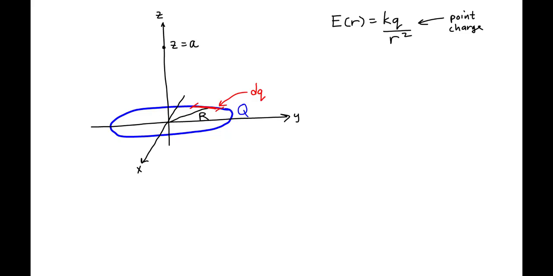That dq is a certain distance away from point A. So I'm going to add that to our diagram with a dotted line, drawn directly from the point on our z-axis to our representative charge element. The reason I'm doing that is because I know electric fields point radially away from point charges.